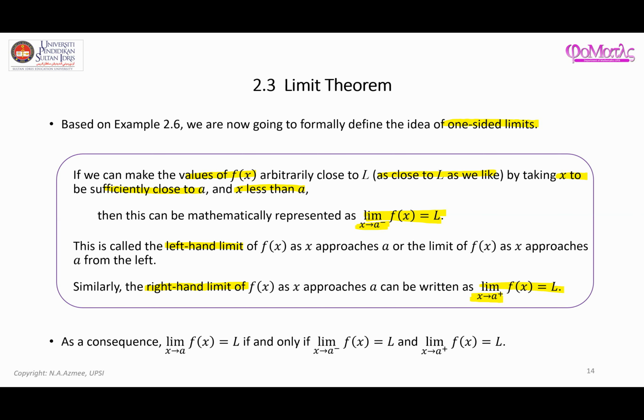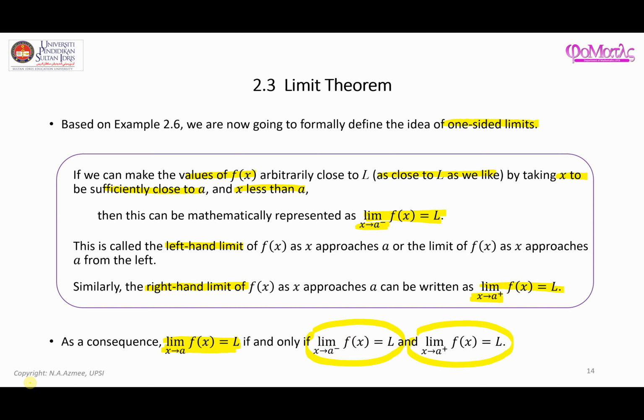And this is the definition of the limit: the limiting value of this function when x approaches A is equal to L will exist only if both the left-hand limit and the right-hand limit are equal to the same number.